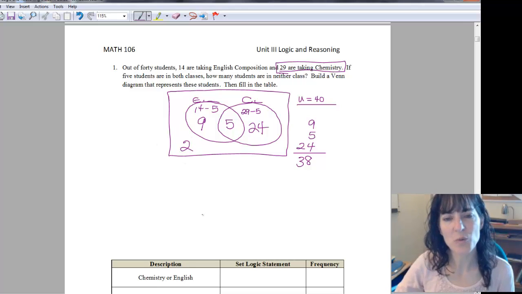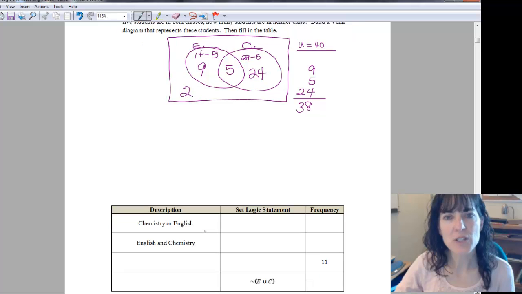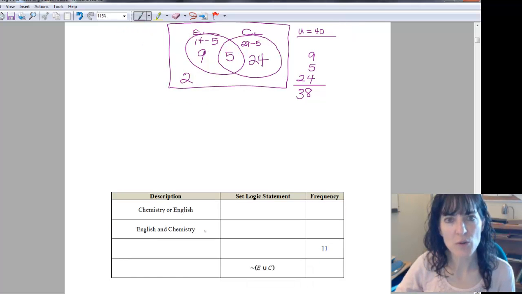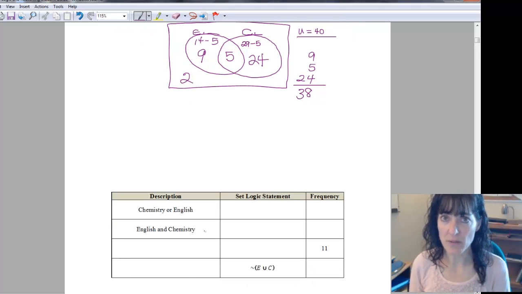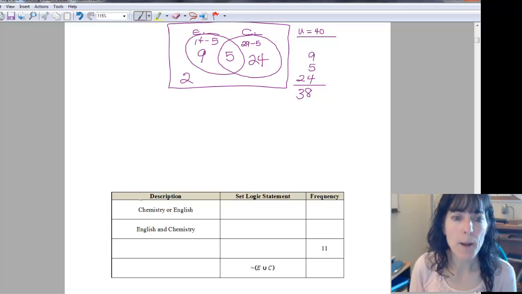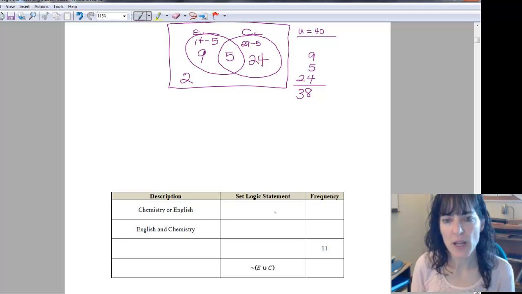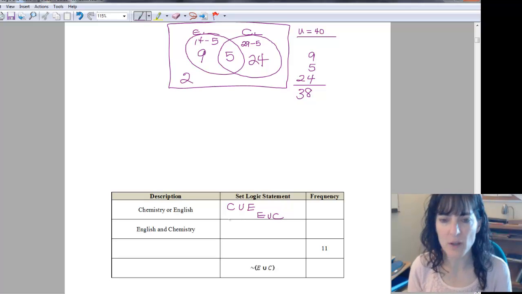It's actually two students. So let's look down at this chart here, and we can use our Venn diagram to help us on this. We want to know chemistry or English, so anyone who's taking chemistry or English, and to write it in set logic, we would write it as chemistry, using the union symbol, and then English. We could also write it as English union chemistry. Those are completely equivalent.